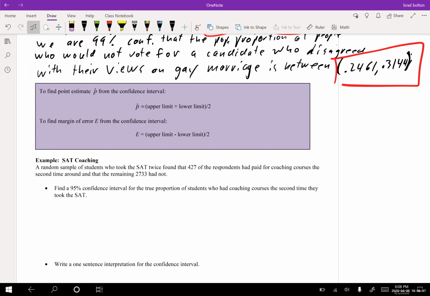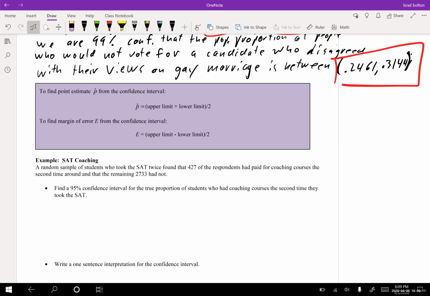When you built the confidence interval, didn't you take p hat and add the error to it, and take p hat and subtract the error from it? So if you take those two numbers, add them and divide by 2, find the average of them, that will be p hat. That's another way you can find p hat given upper and lower limits.